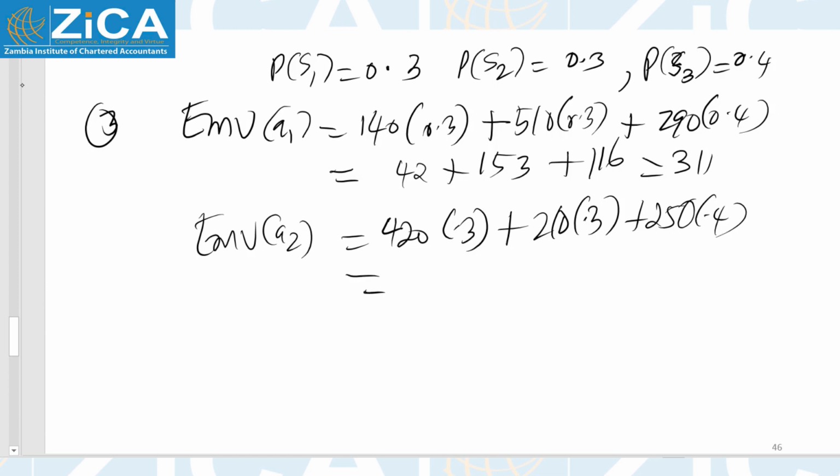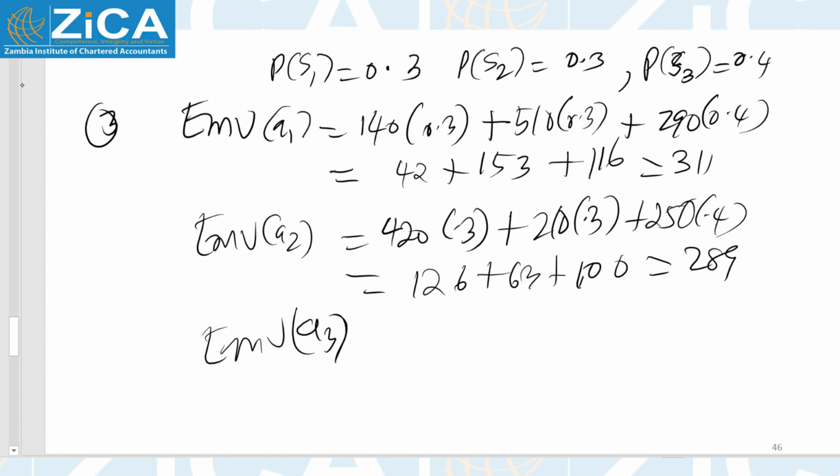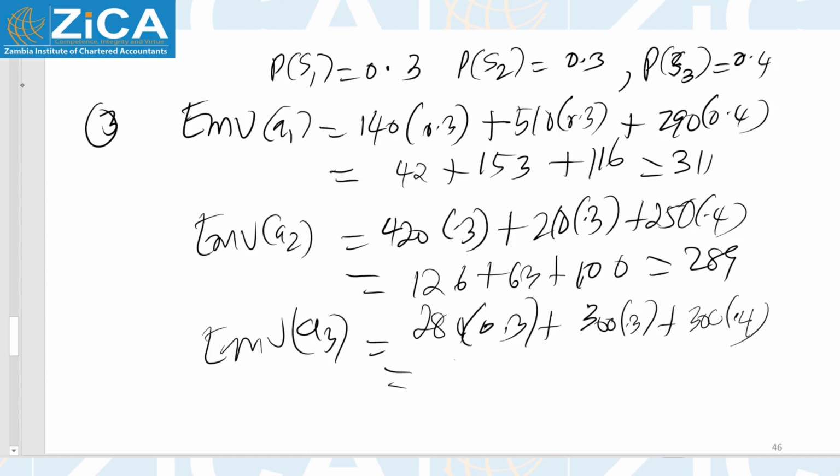This gives 126 plus 63 plus 100, which is 289. For A3, you have 280 times 0.3 plus 300 times 0.3 plus 300 times 0.4. This gives 84 plus 90 plus 120, which is 294.